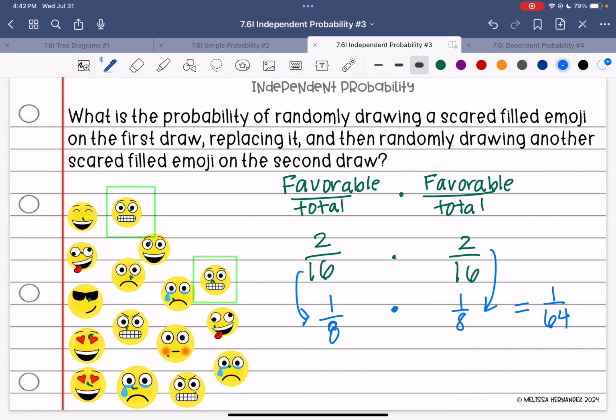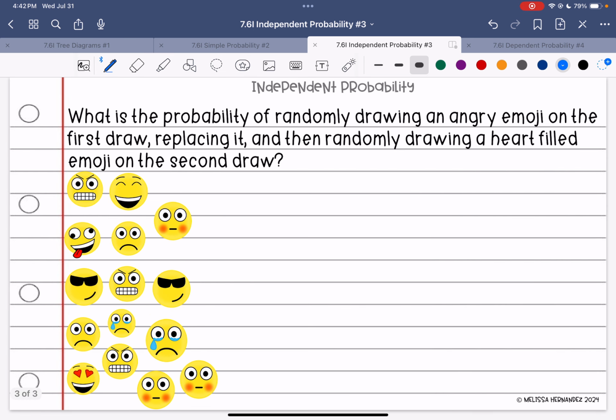Okay, so let's go to the next problem. It says, what's the probability of randomly drawing an angry emoji on the first draw, replacing it? And you'll usually see replacing it or with replacement, or puts it back, anything that resembles that. And then randomly drawing a heart-filled shape on the second. Well, angry, let's look at the angry one first.